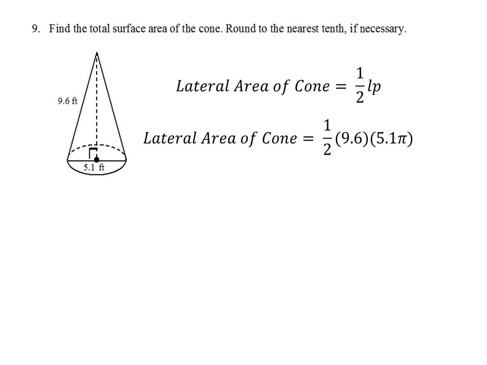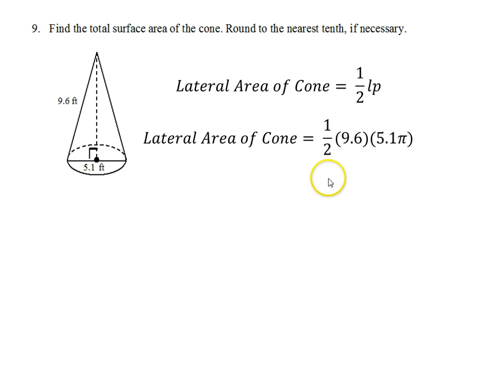So we're going to find the circumference of the circle, which is pi times 2 times the radius. The radius is half of 5.1, but then you multiply that by 2 and get right back to 5.1. Another way to look at circumference is as pi times the diameter.